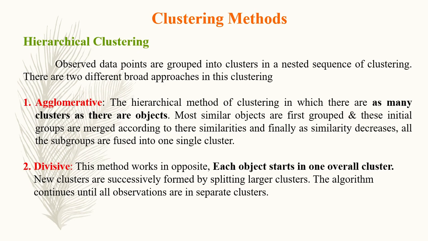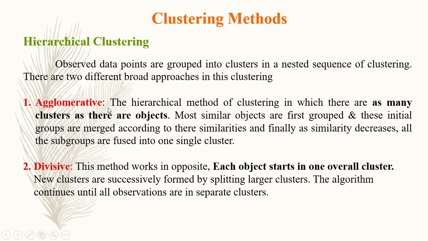Okay, so next, the clustering methods. We have hierarchical clustering and non-hierarchical clustering. In hierarchical clustering, the observed data points are grouped into clusters in a nested sequence of clustering. So we have two different broad approaches in this. The first one is agglomerative.